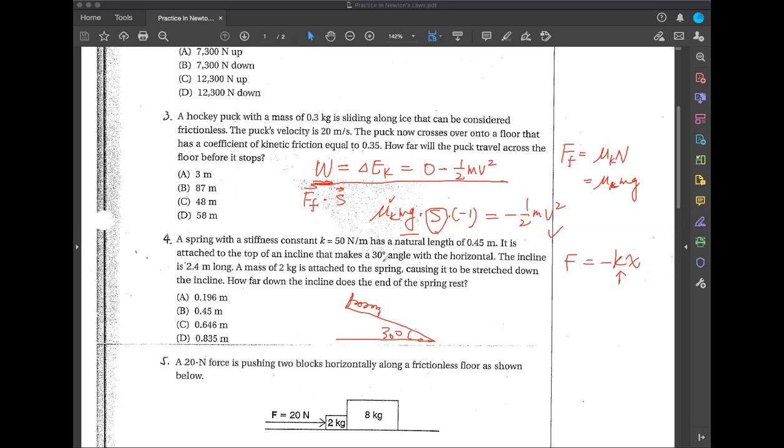So now the length has reached out to here, correct? They actually ask you about this distance, let's say delta x. But at this moment it is at the end of the spring at rest. So it just stops here.